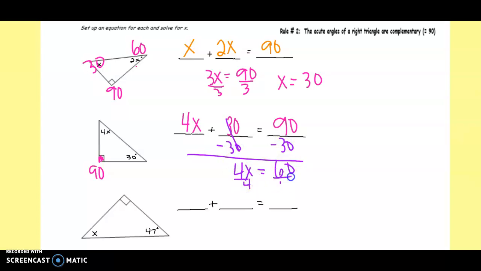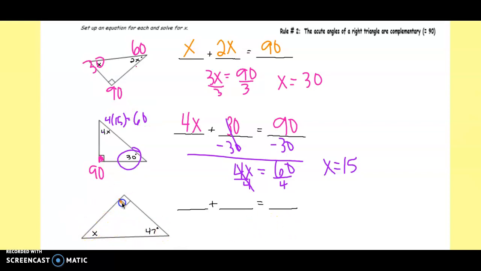And working our way through solving this equation, x is going to equal 15. So plugging that in, we already know this one's 30, and so this is 4 times 15, which in a sense is going to give us back 60. So 60, 30, 90. Again, same kind of triangle, same measurement, set up a little bit differently. But again, the rule still applies, that we're adding those two smaller angles and setting them equal to 90.